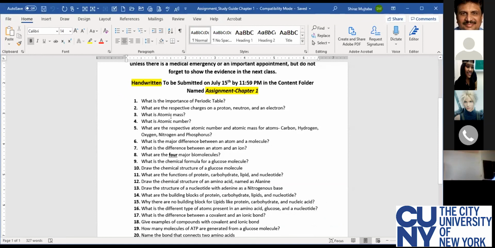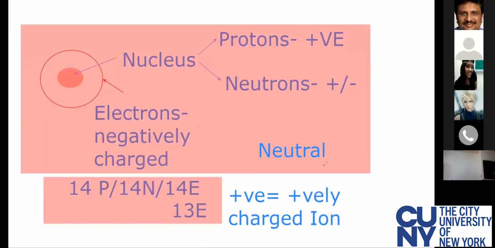The next question is, what is atomic mass? Atomic mass is mainly protons and neutrons. Let's say this atom has 14 electrons, 14 protons, 14 neutrons. So the net atomic mass will be 28.